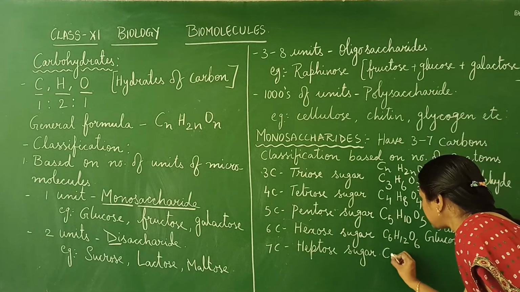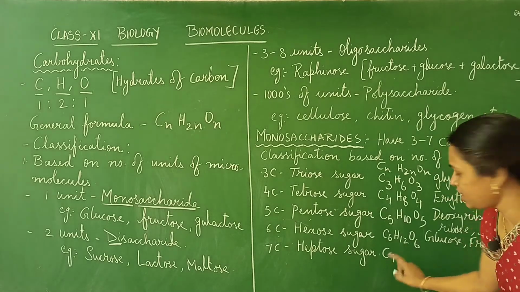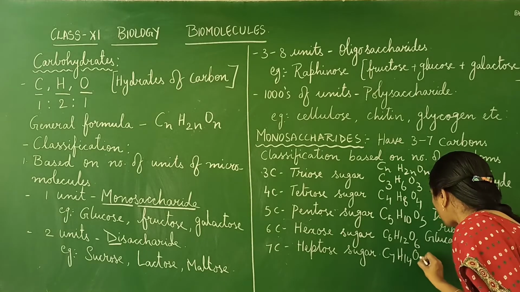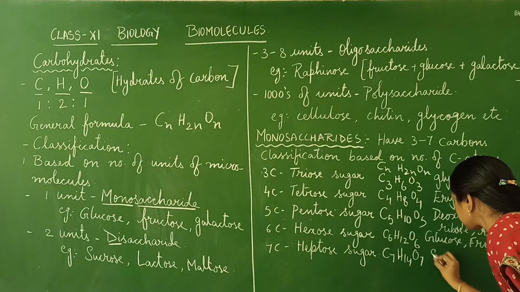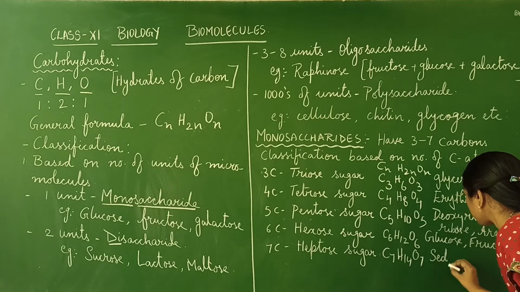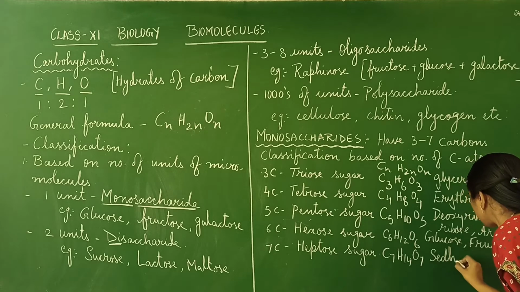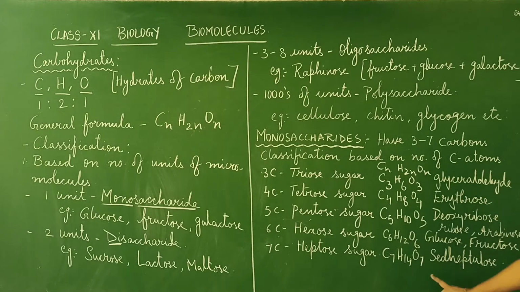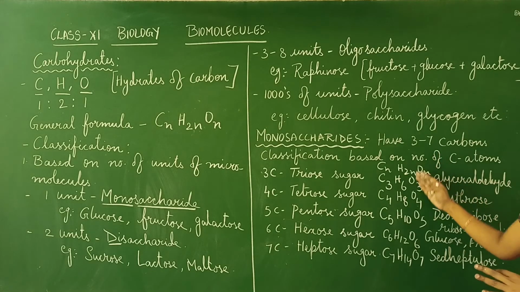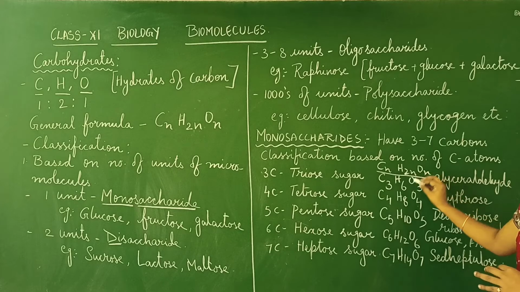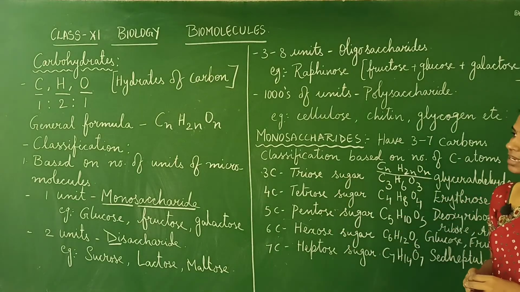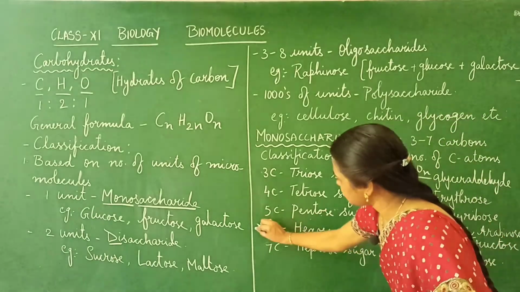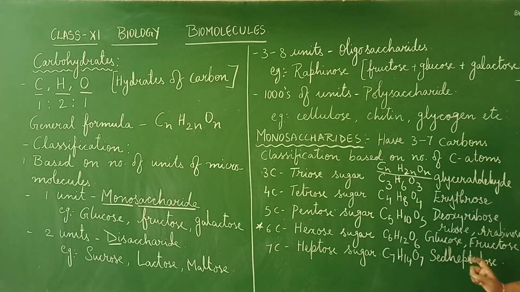If it is heptose, then the formula will be C7, n value is 7, C7H14O7. The example is pseudoheptulose. This is how you can write down the general formula of those monosaccharides. Now we will be learning in detail about these hexose sugars, that is glucose and fructose.